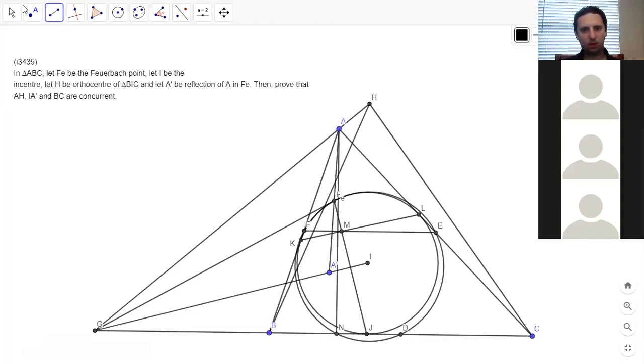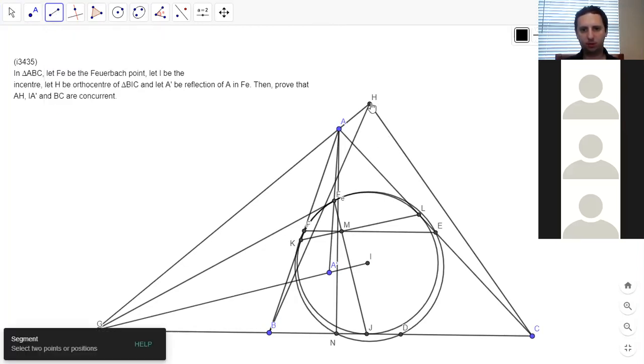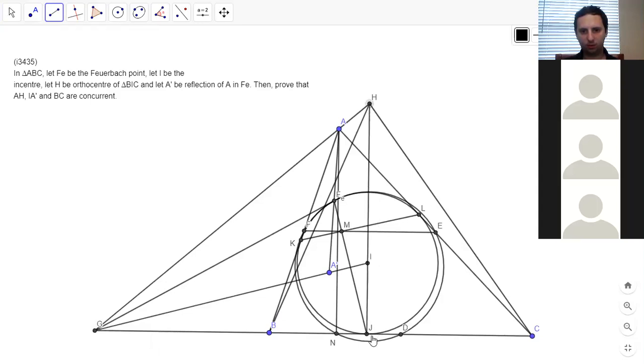Now, AN is parallel to HJ, obviously, and AJ is parallel to HD. Using these two, we get that GJ squared equals GN times GD, which implies that GF is tangent to the circle.